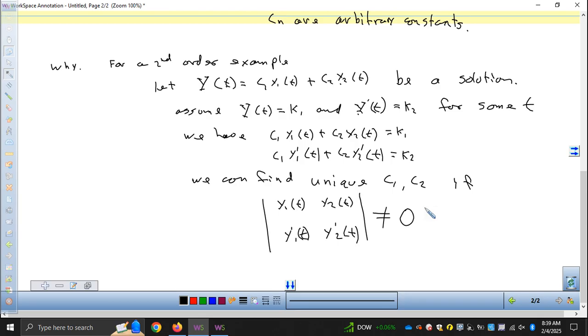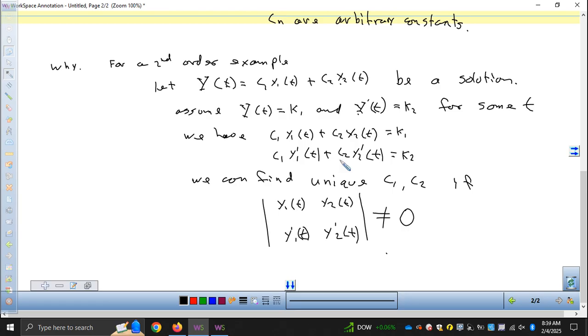Well, what is this determinant? That's the Wronskian. So that's saying the solutions are linearly independent, the Wronskian is not 0. If the Wronskian is not 0, we can find a unique c1 and c2 solving that system of equations.